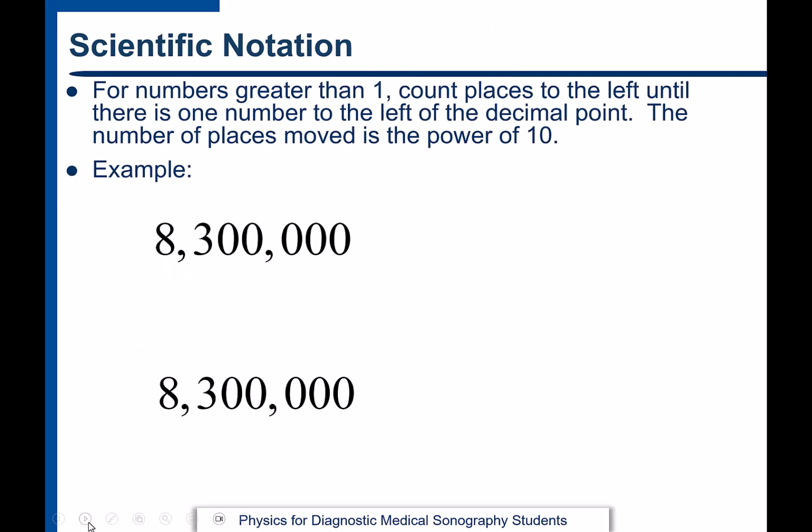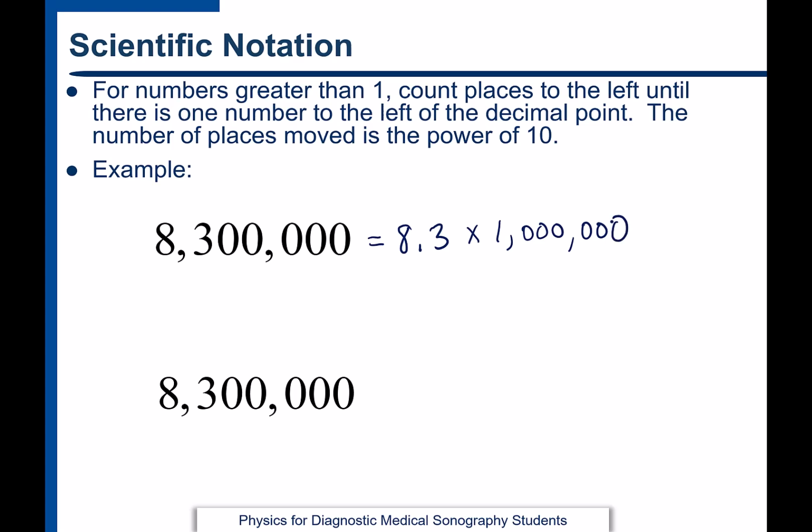So let's look at an example. Think about the following example, 8,300,000. Well, we can see that all that is 8.3 times 1 million. But we know how we can write a million.